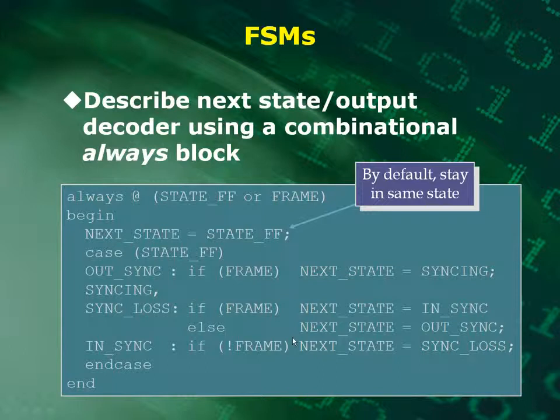We don't want to leave any of those undefined, or we could wind up inferring a latch. The other clue here is the sensitivity list. In this sensitivity list, we only need 2 things: a thing called frame, which is our input, our test condition, and our flip-flop state. Those are the things that we use in here.